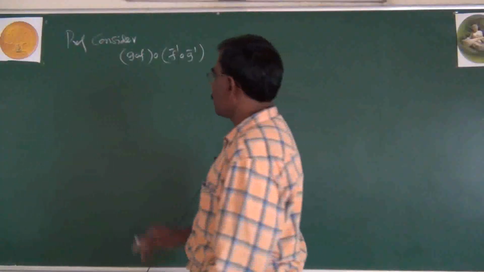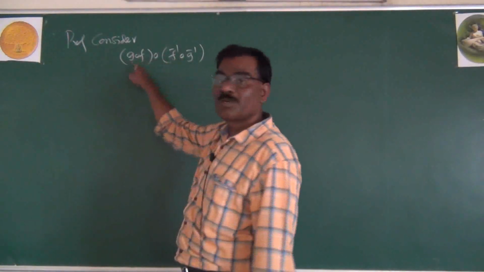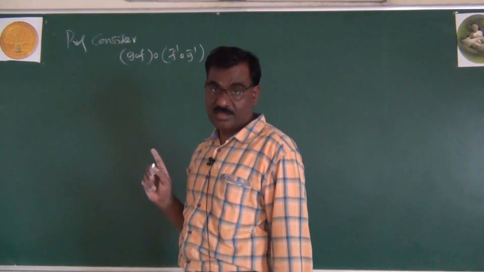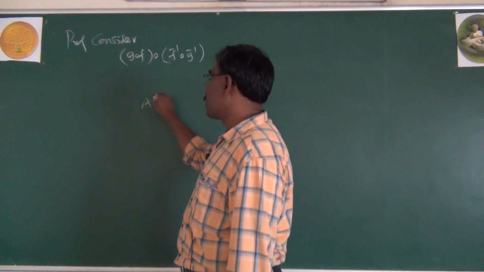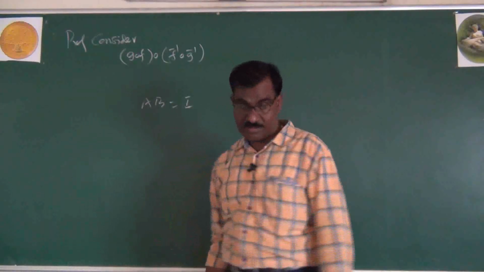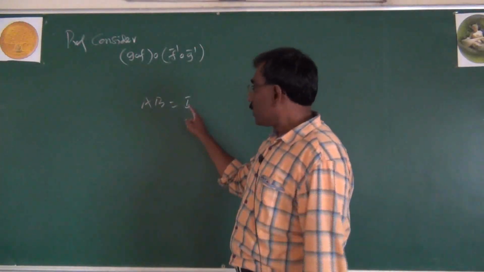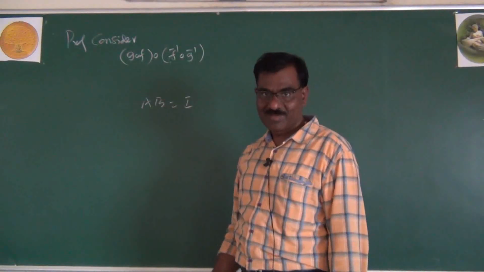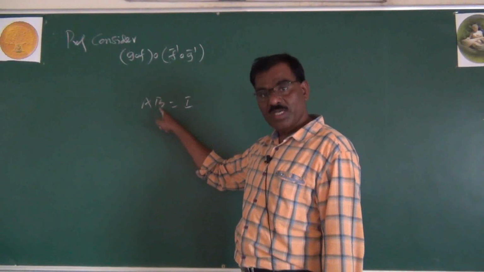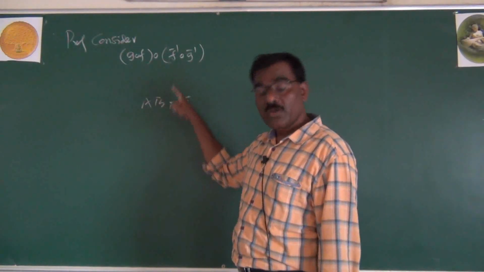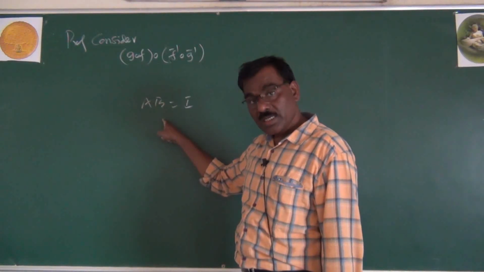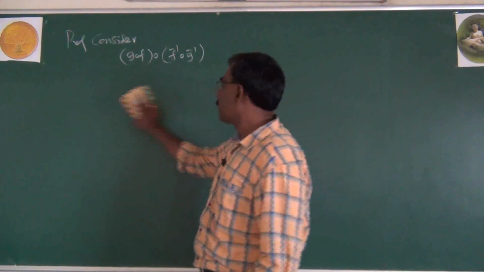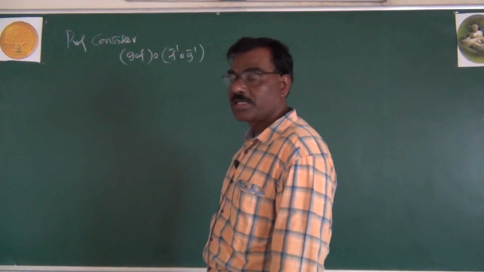When the product is identity, one is the inverse of the other. Suppose AB is I, multiplying these two matrices: if A is given, B is A inverse; given B, A inverse is B. Both are possible. Here we have to prove identity.